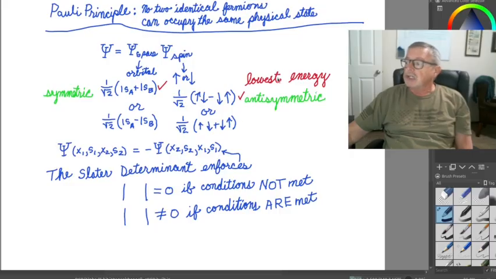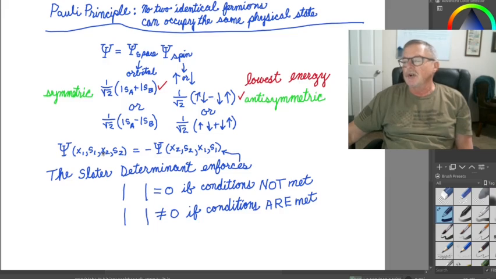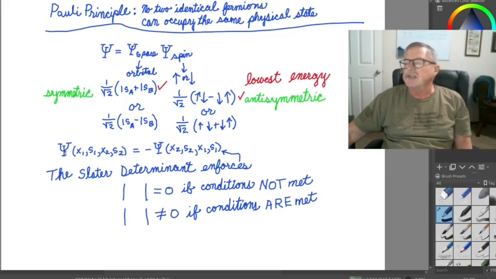So if we choose the lowest energy, then both electrons would be in this same orbital, and they would have opposite spins. And this would give us the result that the state, if we swap these two around, then we get a negative value.